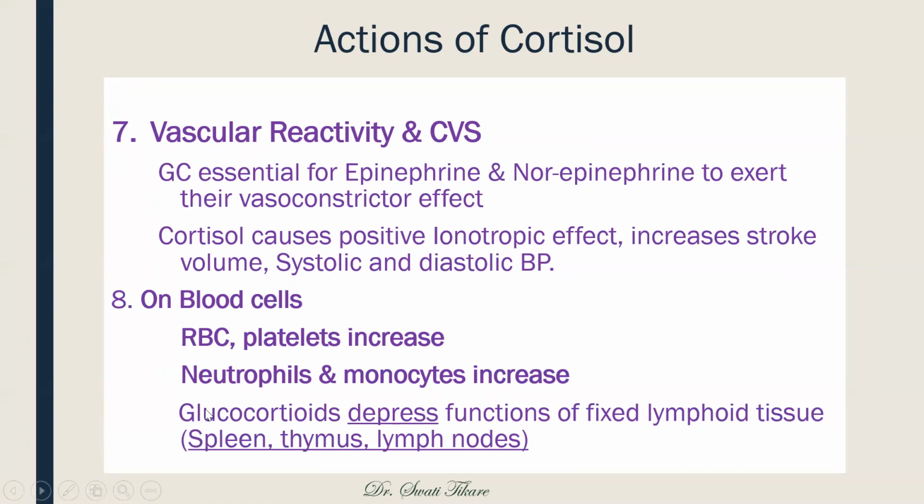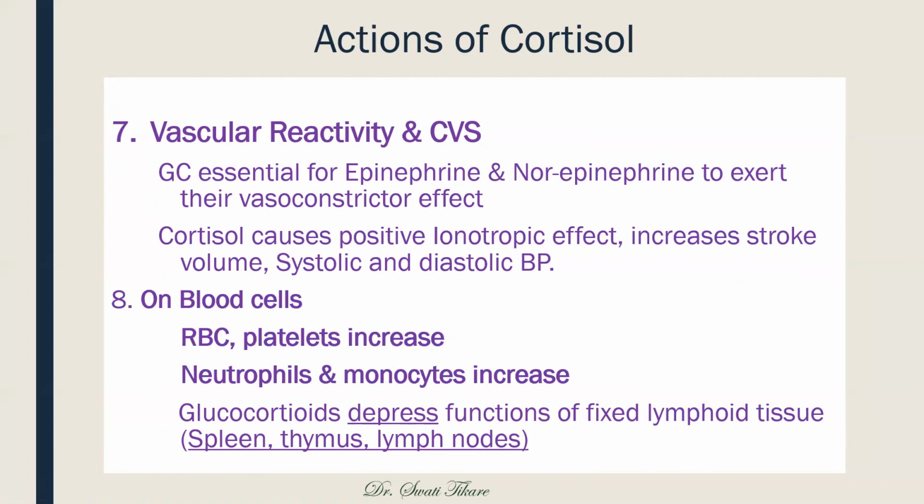Okay. Then the glucocorticoids depress the function of all fixed lymphoid tissue, that is spleen, thymus, and lymph nodes. Here you can understand that whenever there is a problem of autoimmunity, these structures, the spleen, thymus, and lymph nodes, are basically supposed to provide immunity.